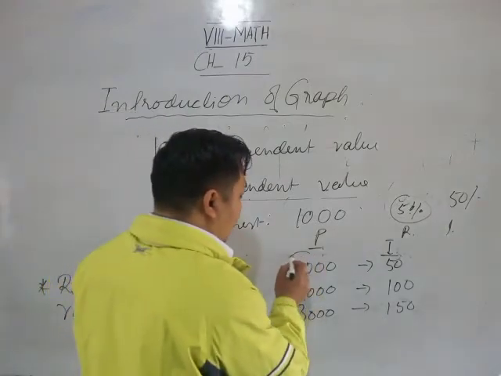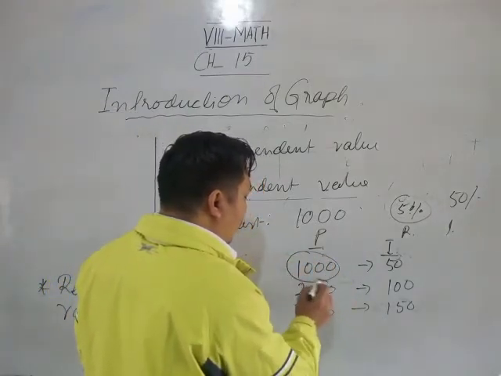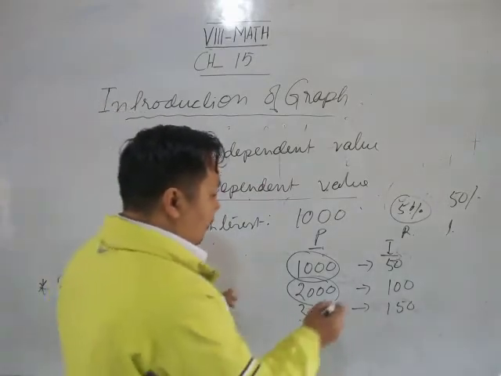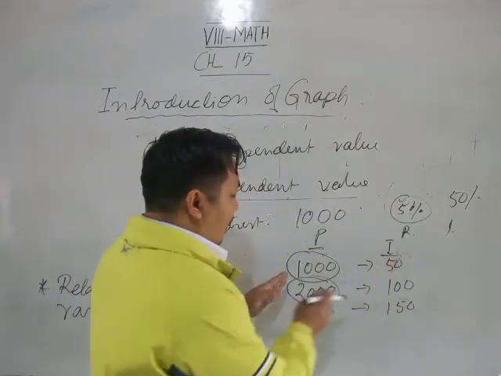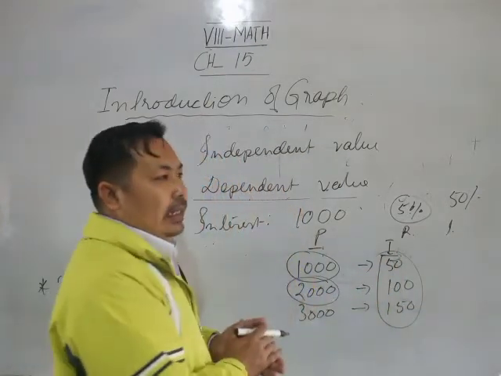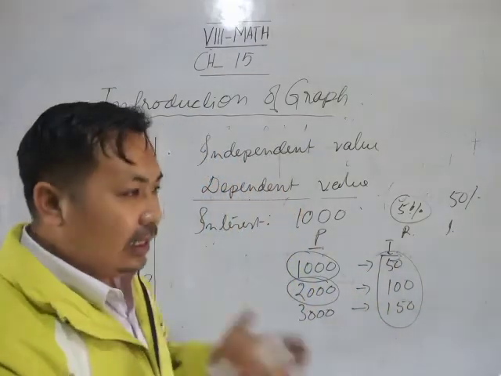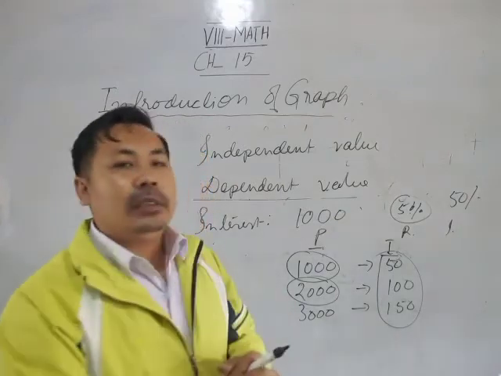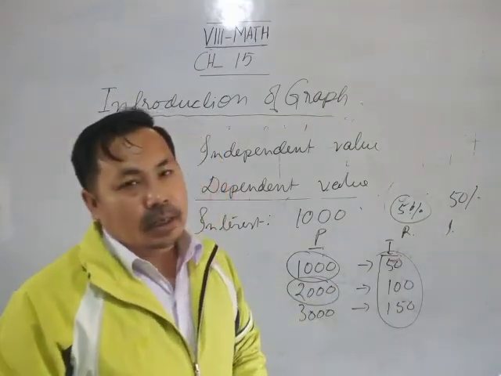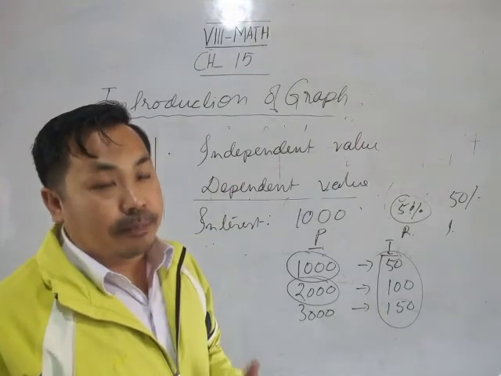So the value here is called independent value, and the value here is called dependent value. Means this value will depend on how much the principal is. The interest depends on how much the principal is, isn't it? So the value of interest is the dependent value.